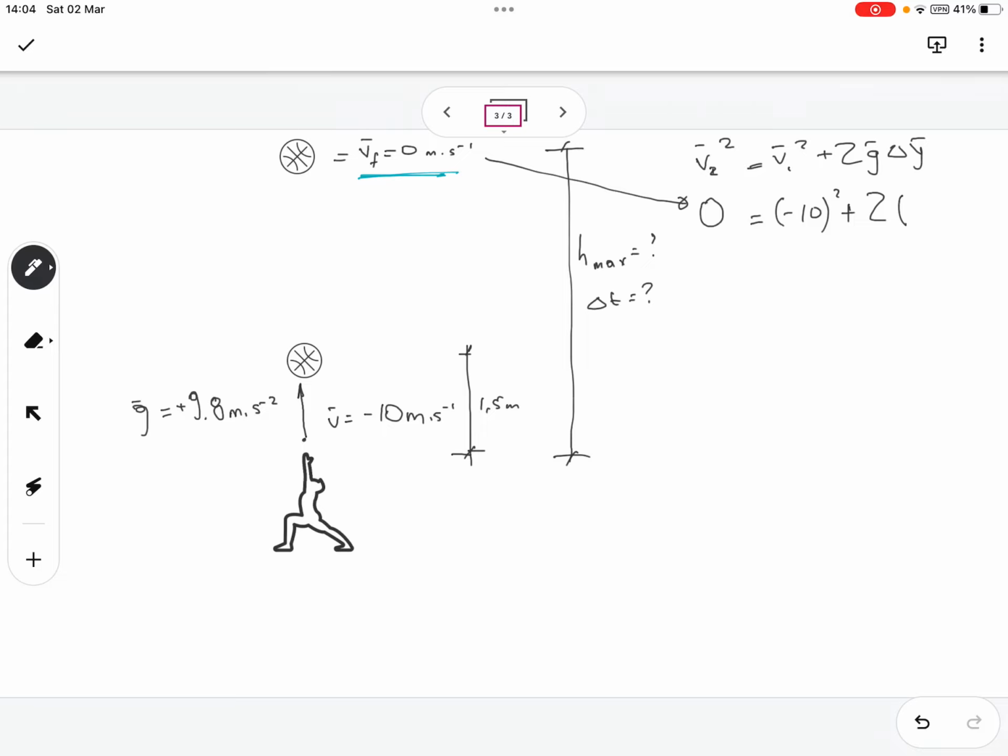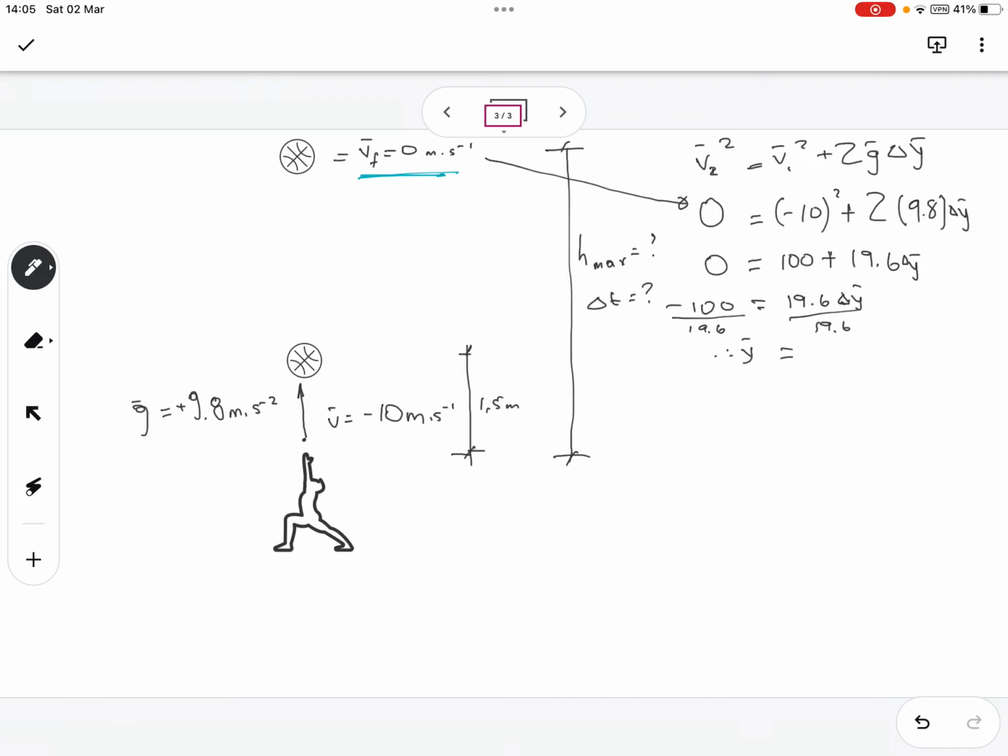You square it and add twice the acceleration due to gravity, and we don't know the change in vertical displacement. So we have 0 equals 100 plus 19.6 times delta y. Then negative 100 equals 19.6 delta y.